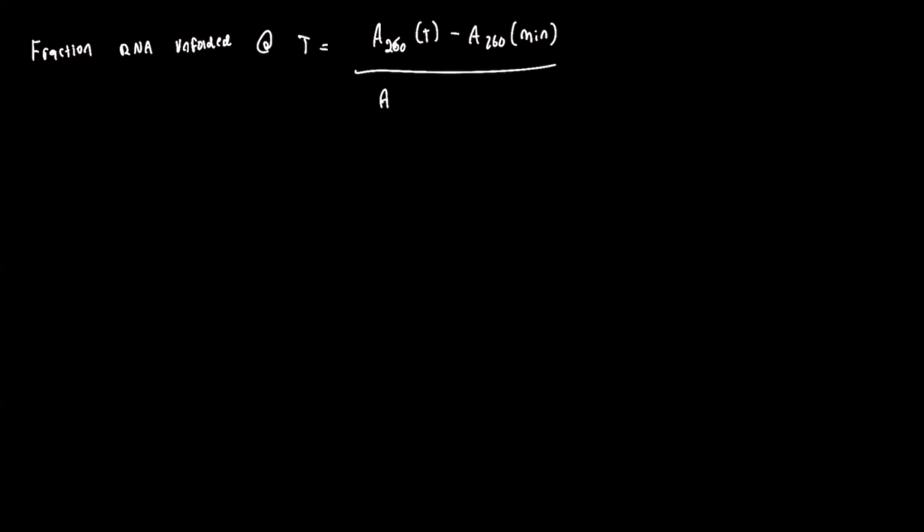First we can find the fraction of unfolded RNA at some temperature with the following equation, where we have the absorbance at 260 at the temperature minus the minimum absorbance at 260, over the maximum absorbance at 260 minus the minimum absorbance at 260. This gives us the fraction of unfolded.